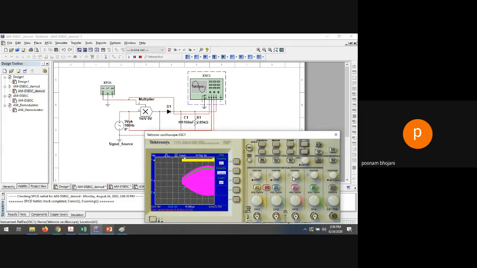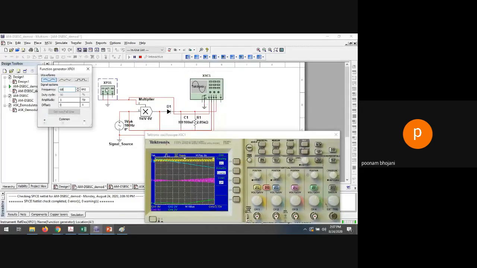This is my first signal, the message signal. Second is the carrier frequency signal. Let me change the frequency.